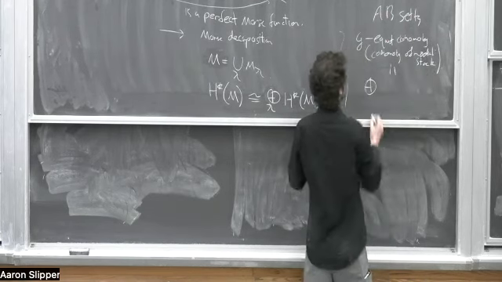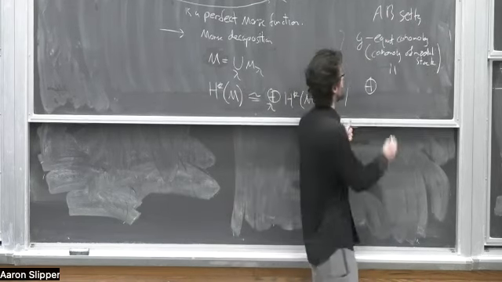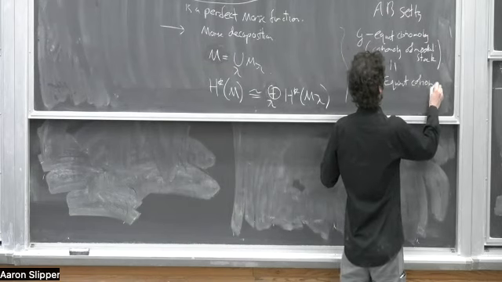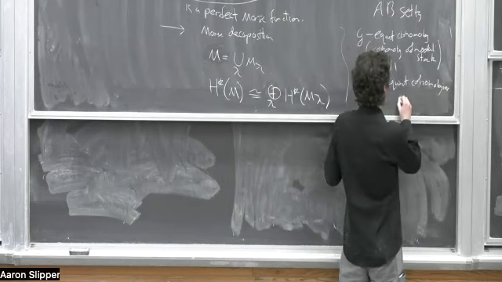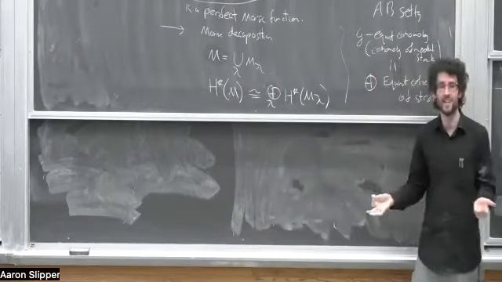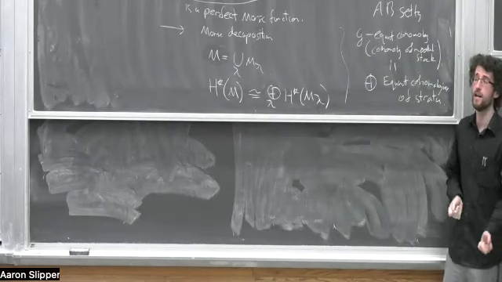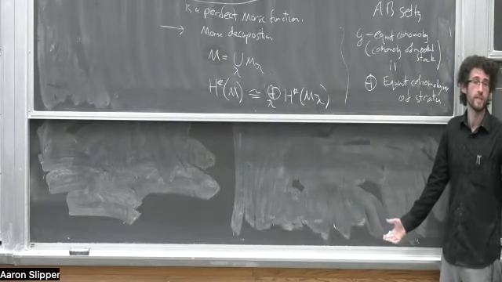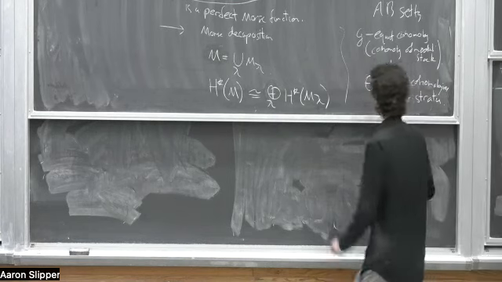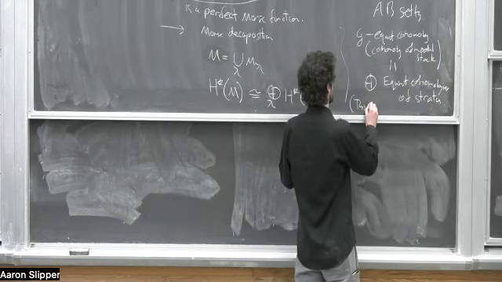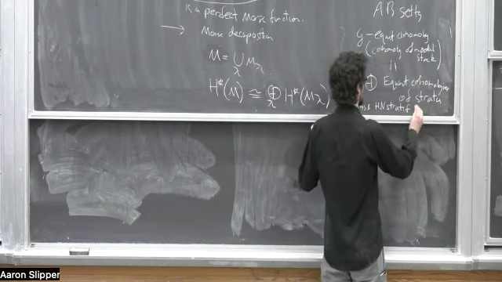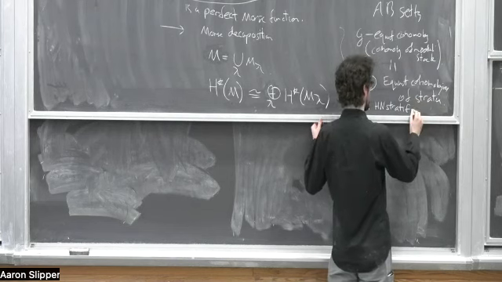This will be equal to a direct sum of equivariant cohomologies of strata. What are these strata? These are the HN stratification strata that Griffin described last time. Harder-Narasimhan.